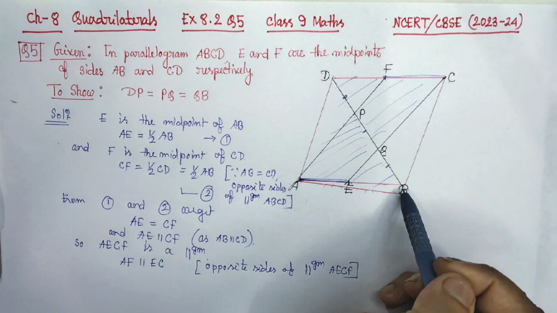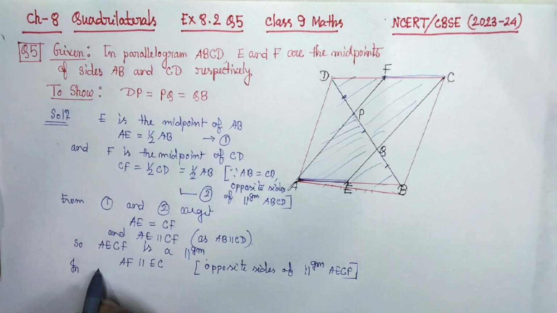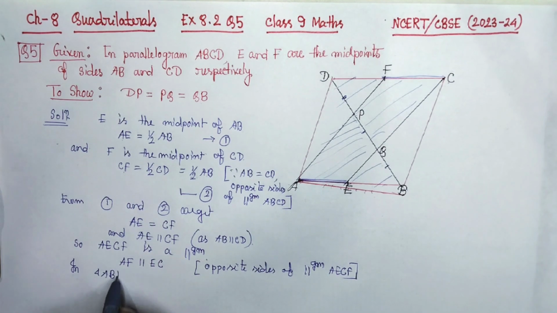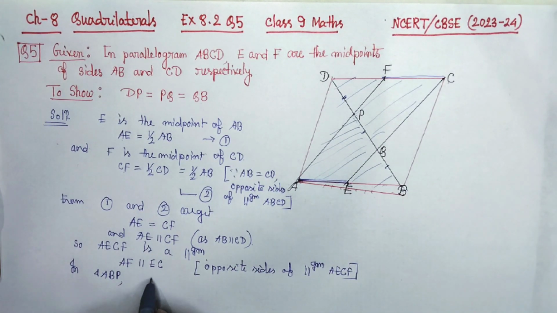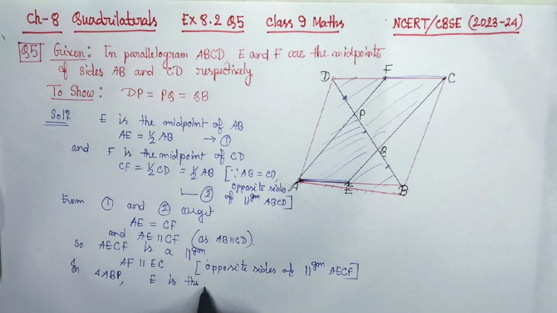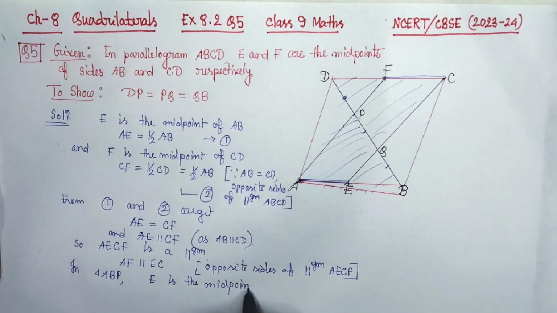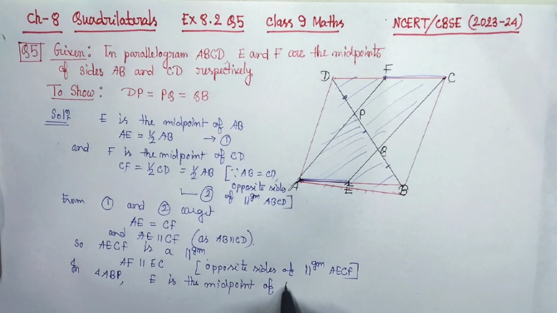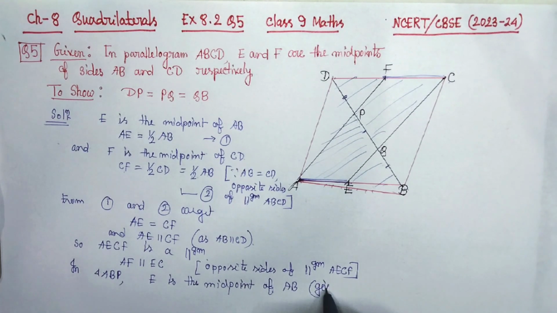So in triangle ABP, E is the midpoint of AB, that is given.